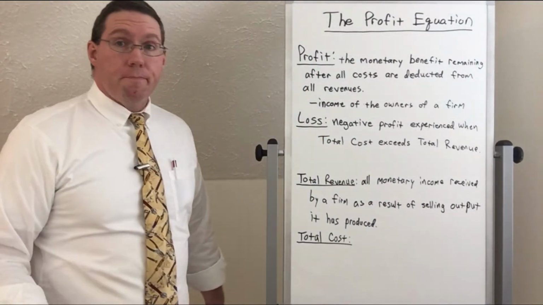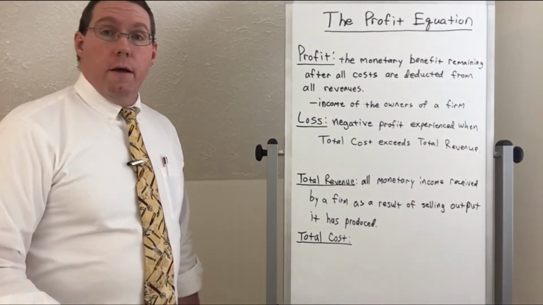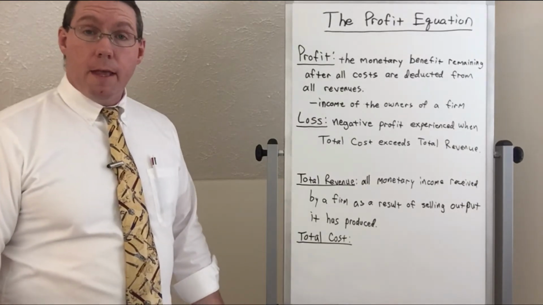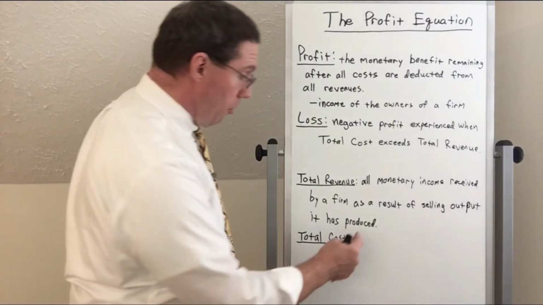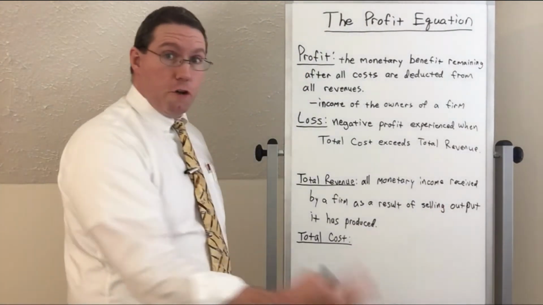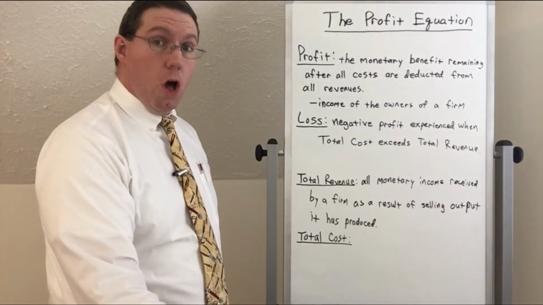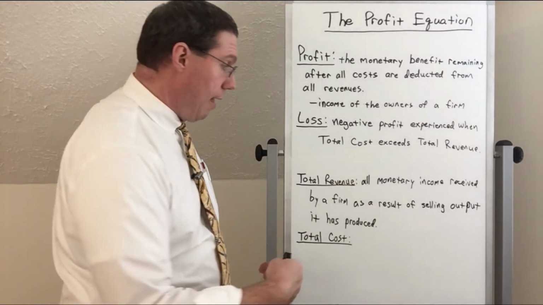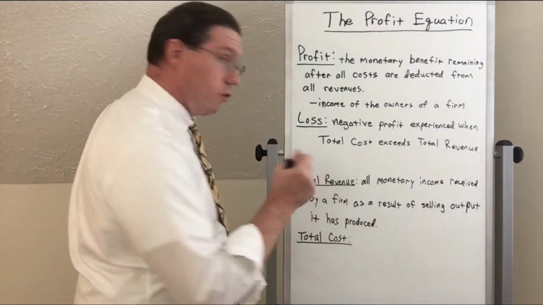So a company produces a whole bunch of shirts, and then they sell the shirts. When they sell the shirts, people give them money for the shirts. All of that money that the company gets is their total revenue.